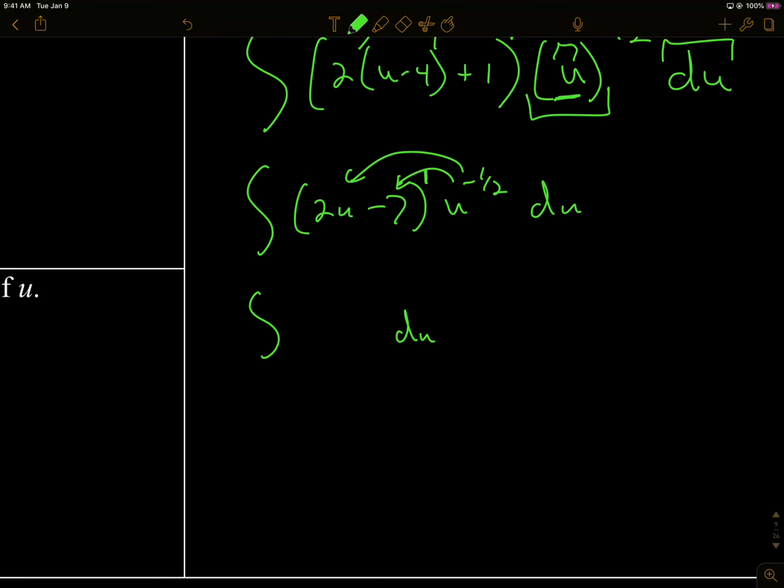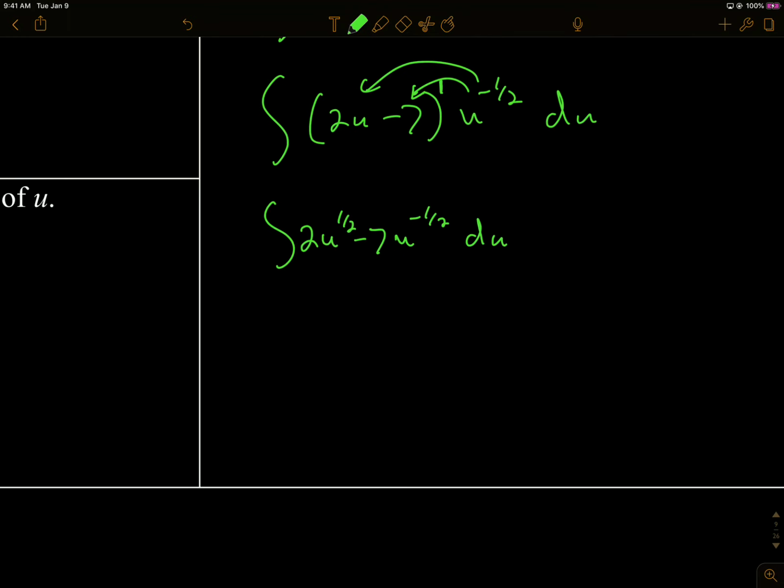So now I've got 2u to the 1/2 minus 7u to the negative 1/2 when I distribute, du. Now I can apply power rule. The 2 comes along for the ride. u to the 1/2 becomes u to the 3/2, so then it's 2/3 times that. u to the negative 1/2 becomes u to the 1/2. Then minus 7 comes along for the ride. The reciprocal of 1/2 is 2 over 1.